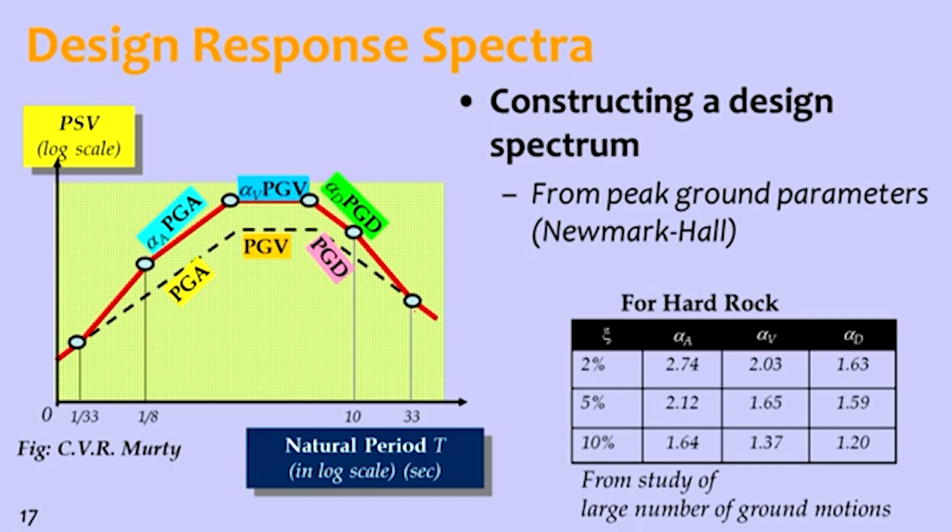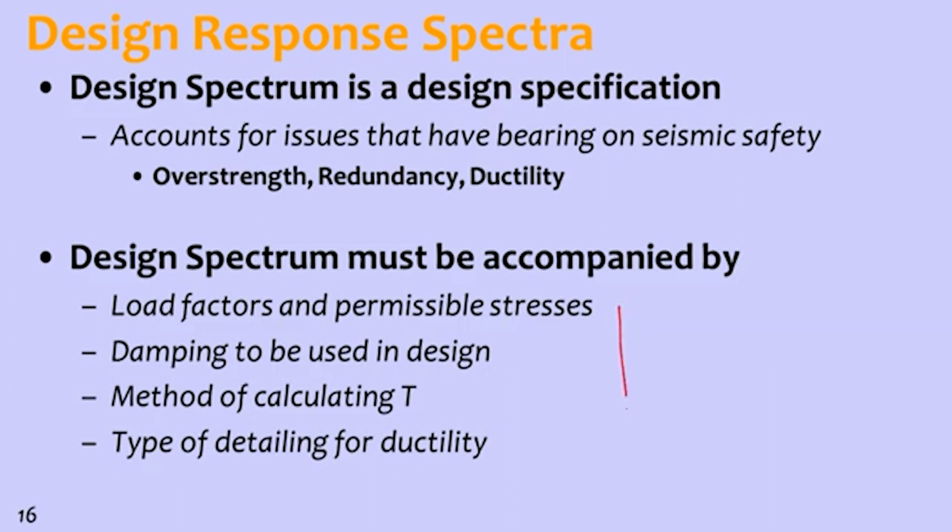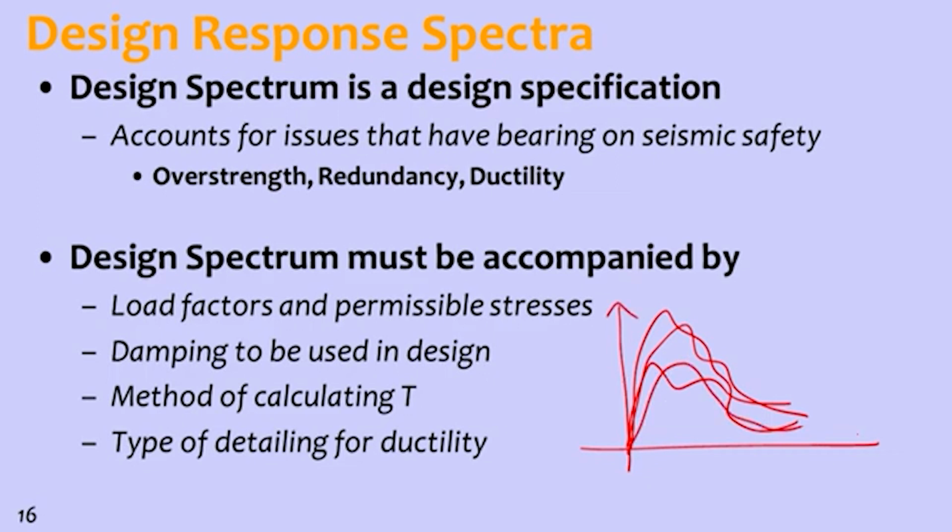The detailed procedure is given in the Newmark and Hall textbook. The design spectrum will be smoothened out. We have many spectra, with T on the x-axis and acceleration on the y-axis, so we get the average response spectrum.